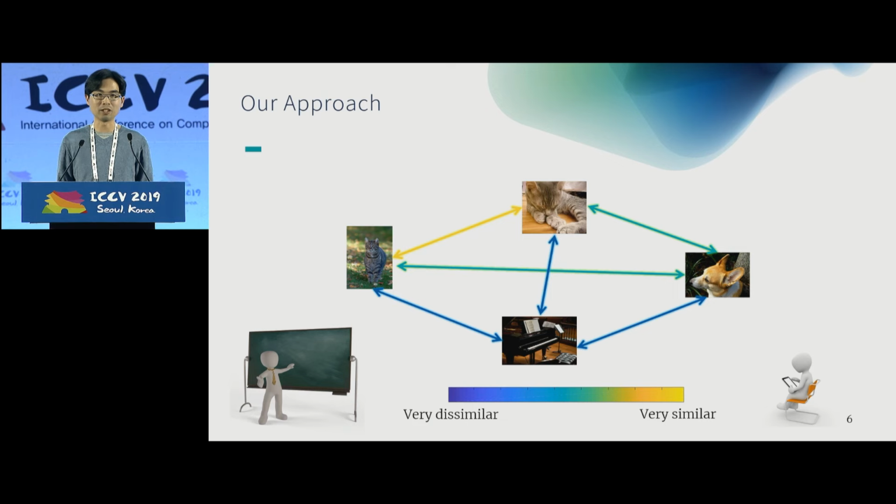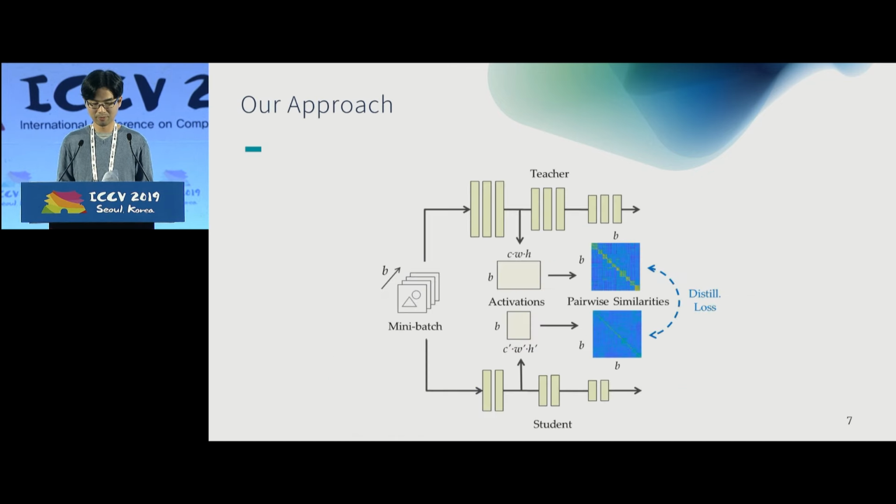And conversely, if two inputs produce highly dissimilar activations in the teacher, we would also like them to produce highly dissimilar activations in the student. Note this idea does not require class labels, so we can apply it in transfer learning or lifelong learning scenarios in which the data originally used to train the teacher might be unavailable or might be private.